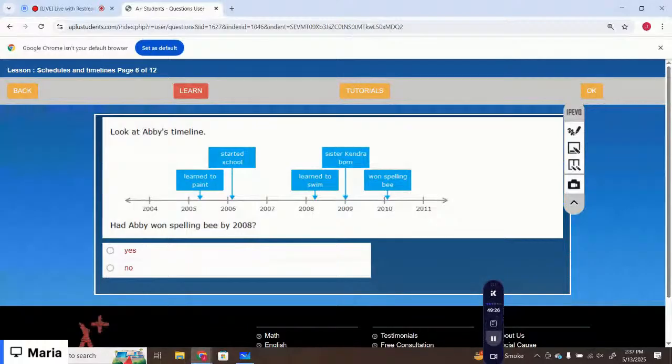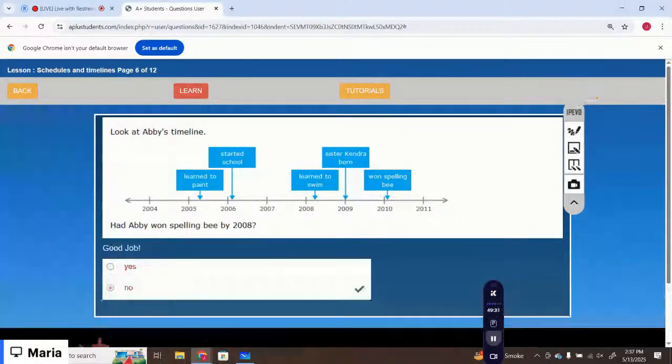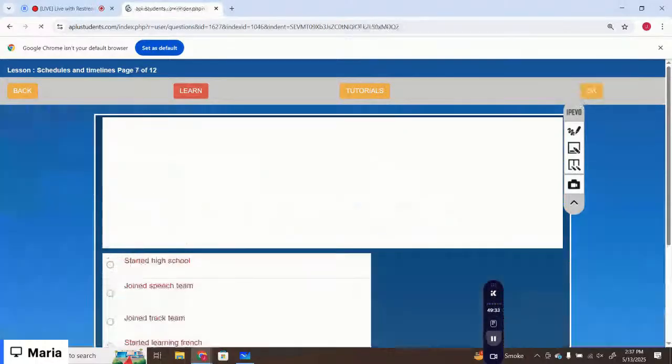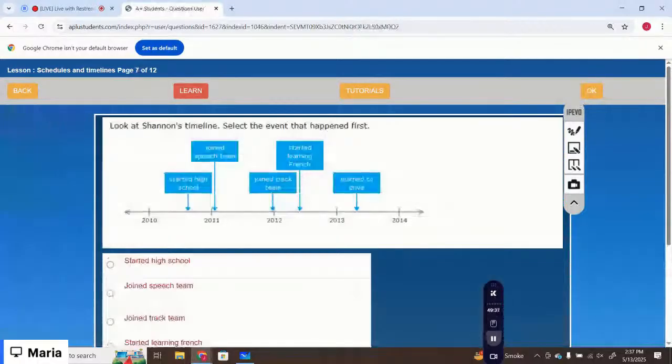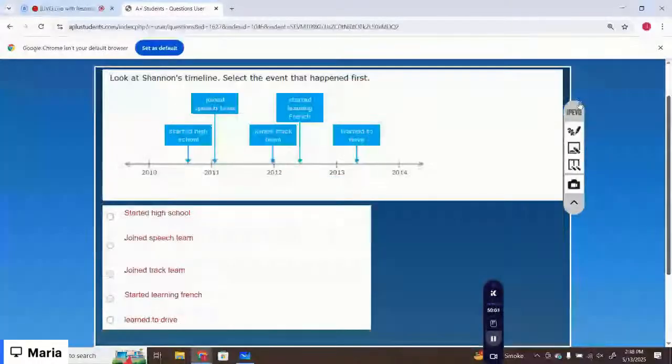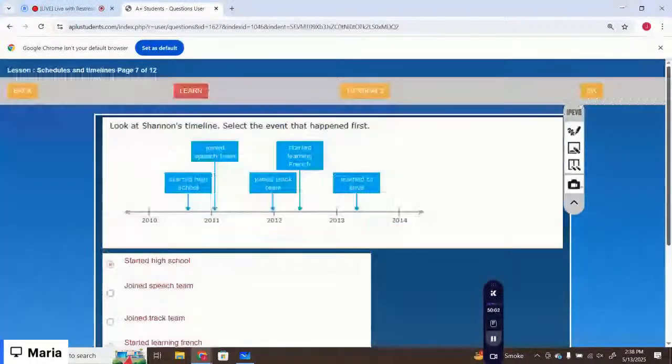No, the correct option is no. Option number two is the correct option. Look at Shannon's timeline. Select the event that happened first. That is started high school. Option number one is the correct option.